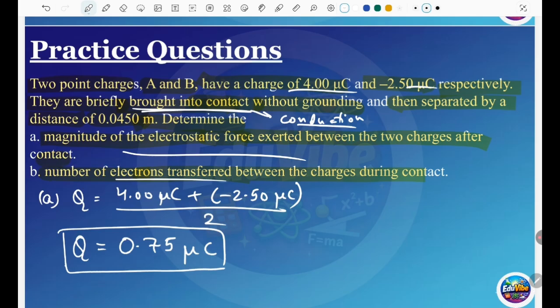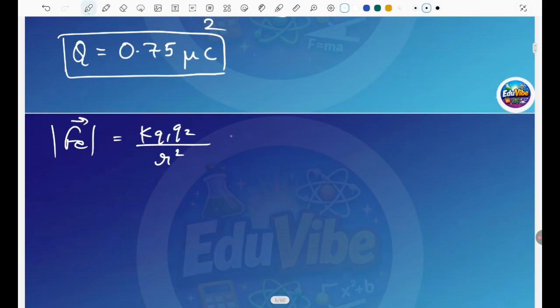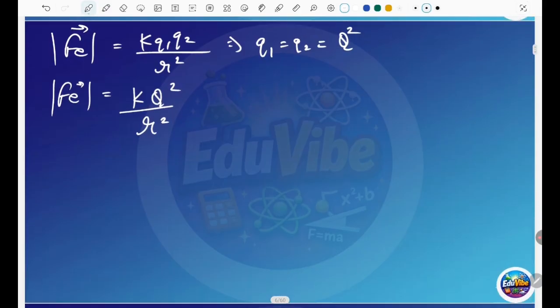But we want delta Q later when we calculate N. For the electric force, we only need this Q. Here Q1 is equal to Q2, which is equal to Q, so Fe is equal to K Q square upon R square.